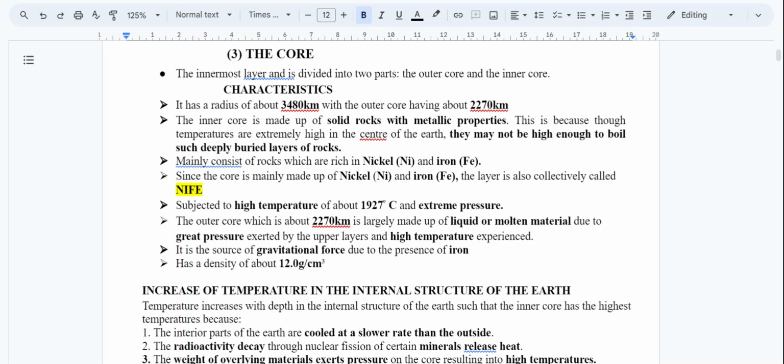It is also known to be the source of gravitational force. That is what we know as of now, so we can still appreciate all this.